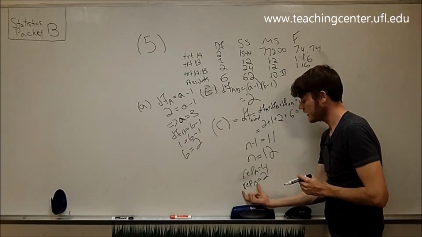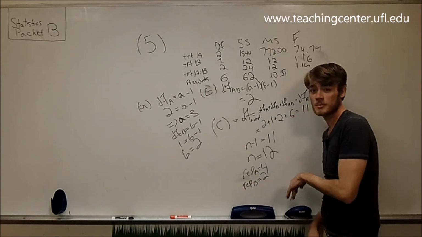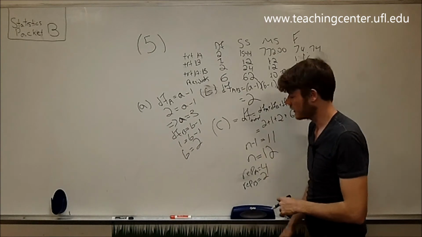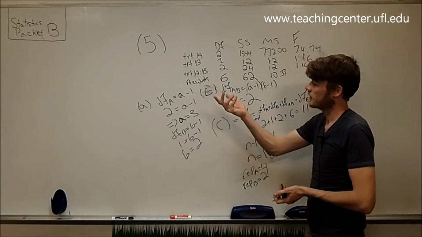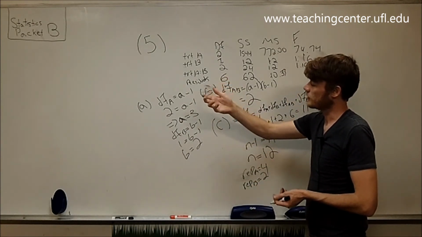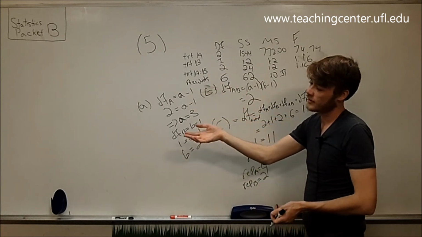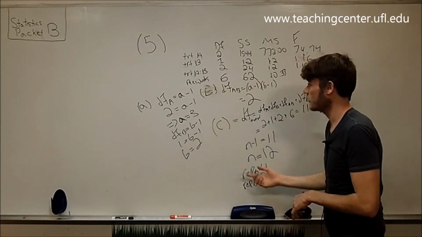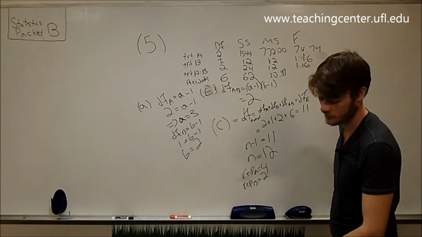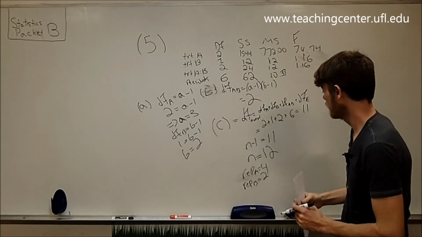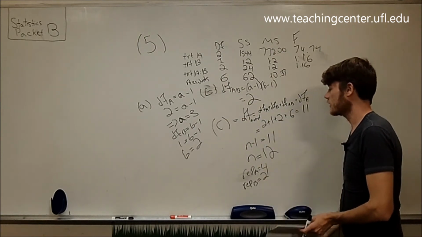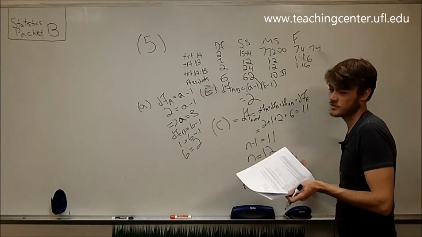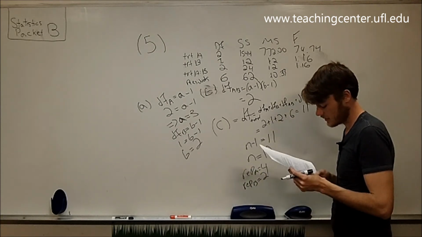The replications of B per treatment are 2. And there are 3 treatments, so there are 6. So 6 shelves are big and 6 shelves are small. It's a total of 12 shelves, just like we figured out. That one's a little tricky, but that's a very reasonable question on a test.